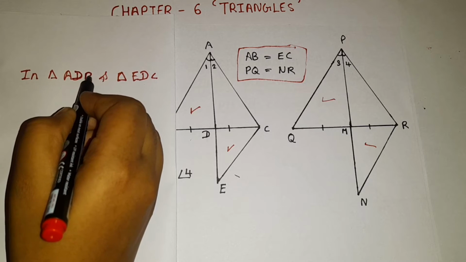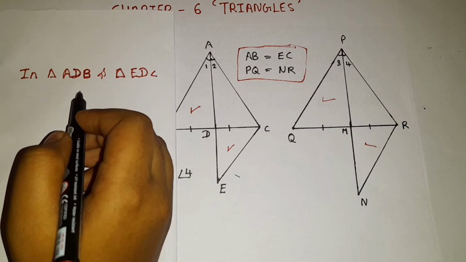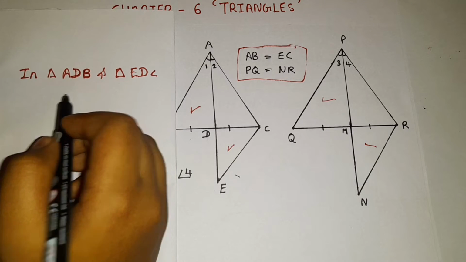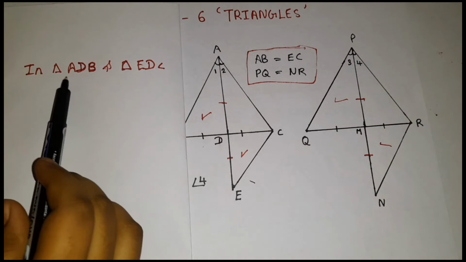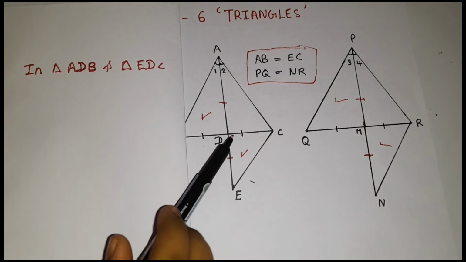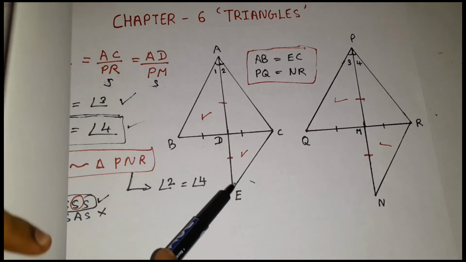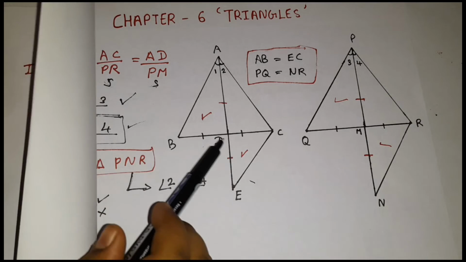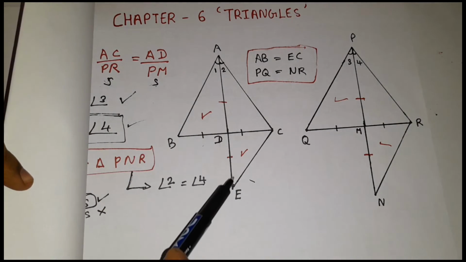Since I am going to show they are congruent, what are the informations given in these two triangles? This is the triangle ADB, so B is here, and in triangle EDC, in both these triangles, I can write AD is equal to DE.